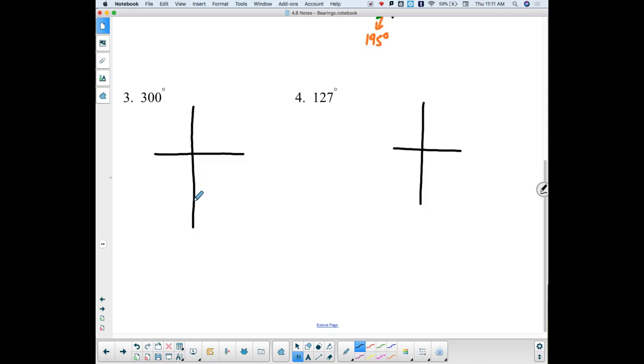So navigation-wise, 300 degrees would be here. That would also then be a 30-degree reference. Just forgot to put that it goes that way.